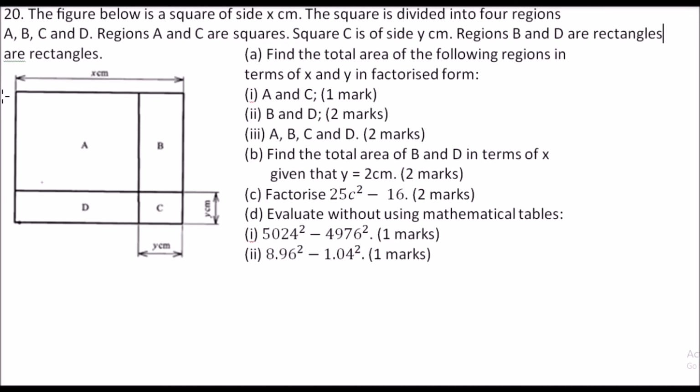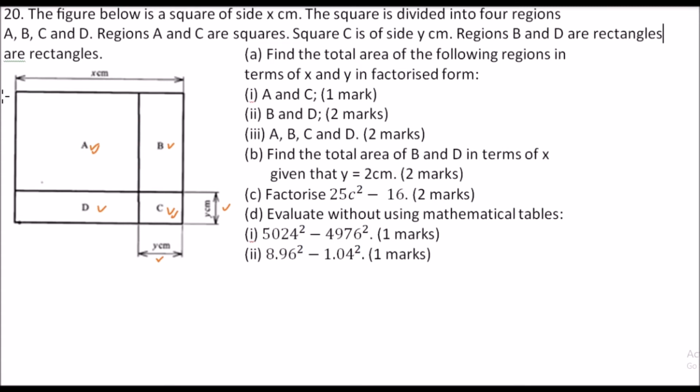So we have A, B, C, and D. Regions A and C are squares. So this is a square, and that is a square. Square C is of side y, so this side is y centimeters. Regions B and D are rectangles.